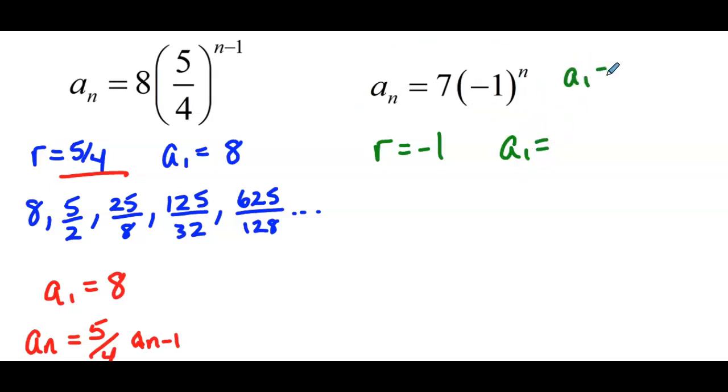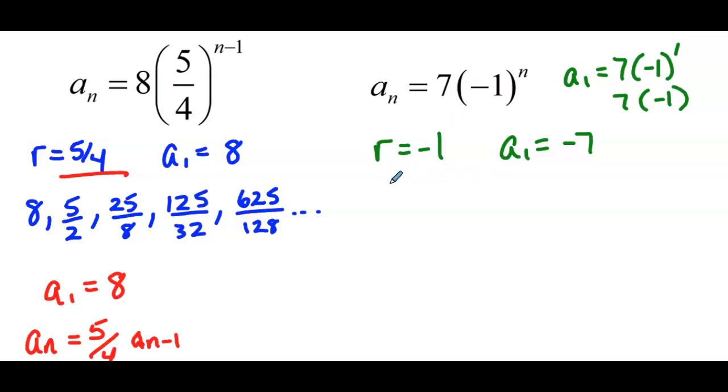So we want a sub 1 equals 7 times negative 1 to the first. So that's 7 times negative 1. So the first term is negative 7, which we notice is not the coefficient. This shouldn't surprise us because of the investigation that we did earlier. When the exponent is n, this coefficient is not going to be the first term.